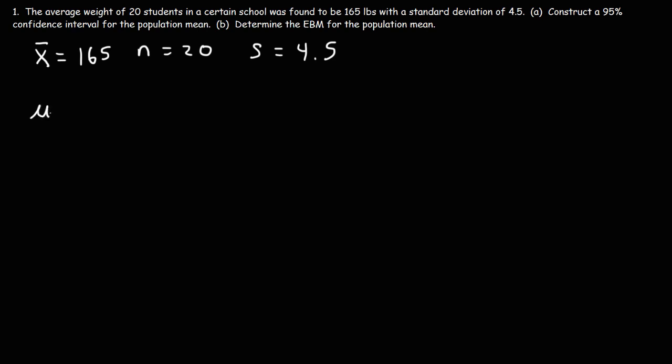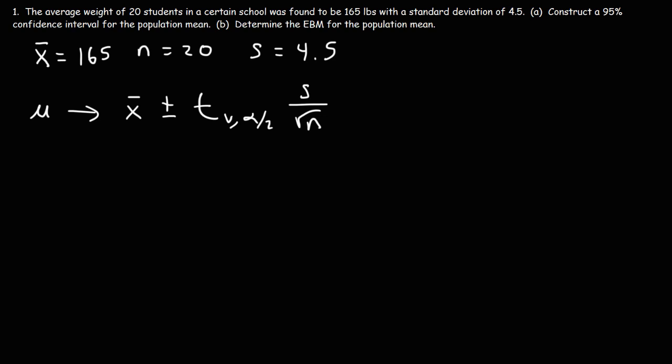Now, the population mean is going to be within the sample mean, x bar, plus or minus the t-score. This is t sub nu sub alpha over 2, which we'll talk about what that is, times the sample standard deviation divided by the square root of n. So we have x bar, we know what s is, and we know what n is.